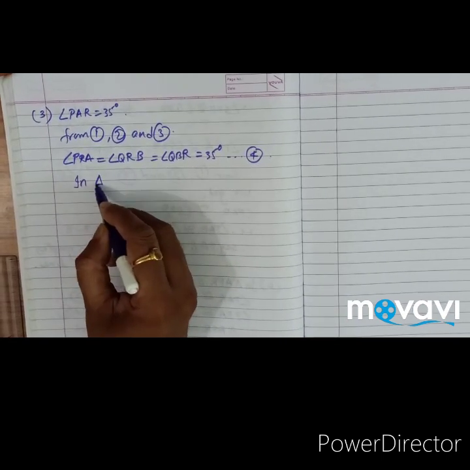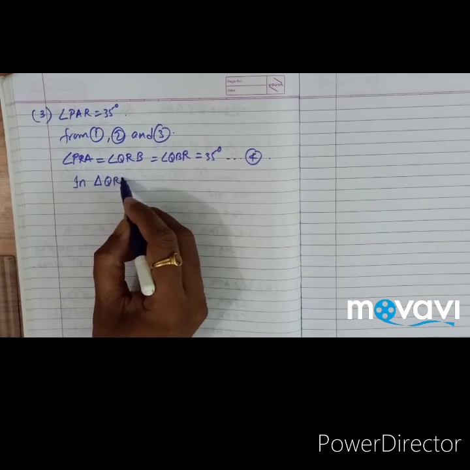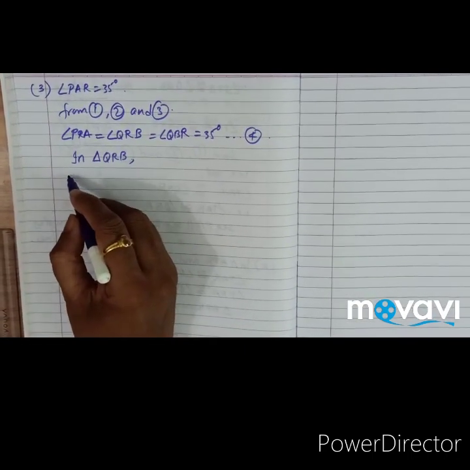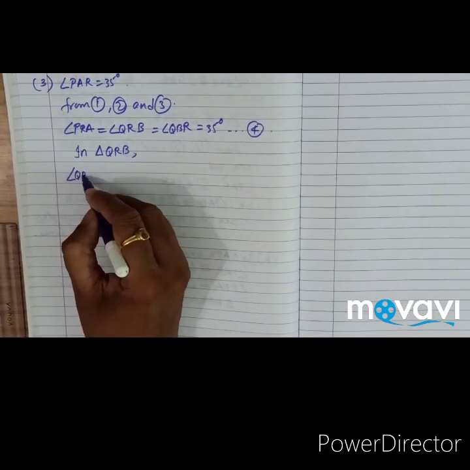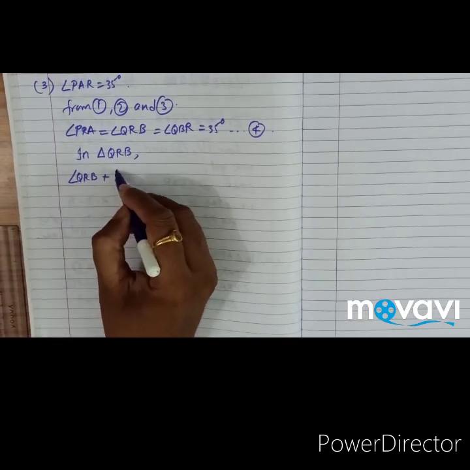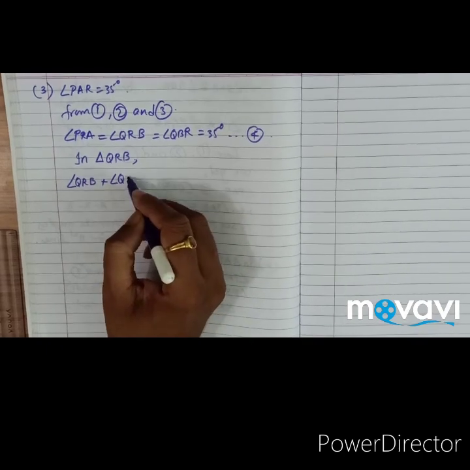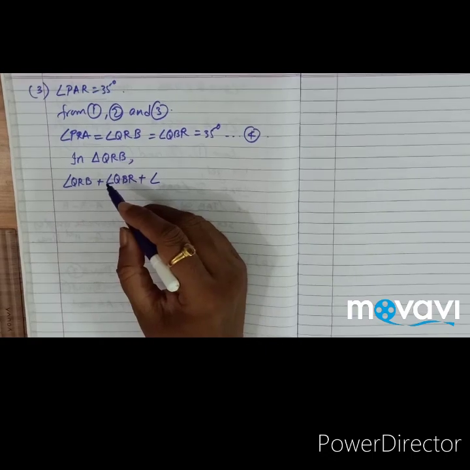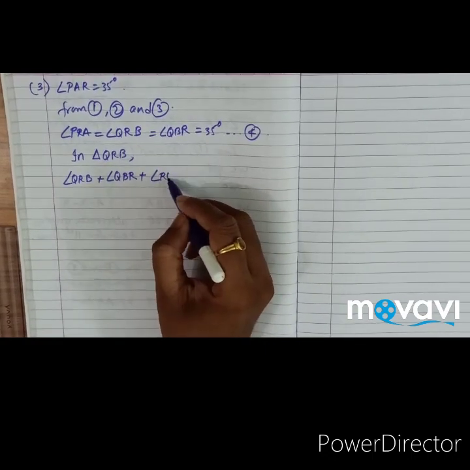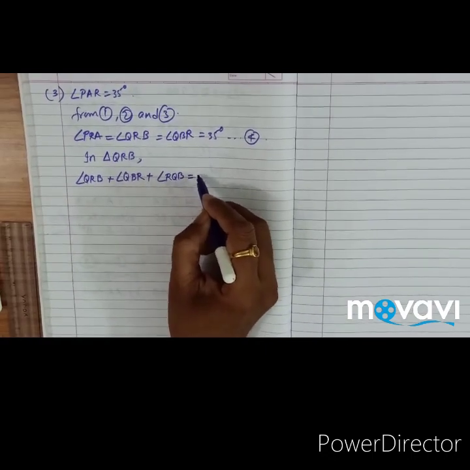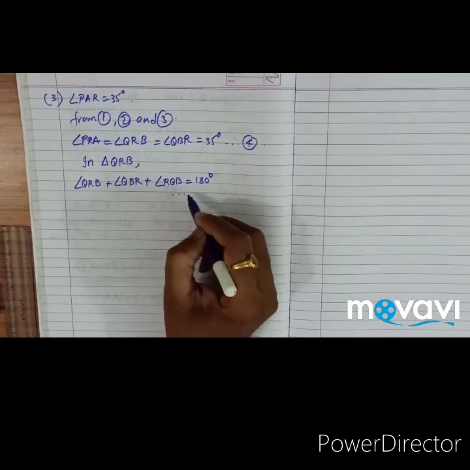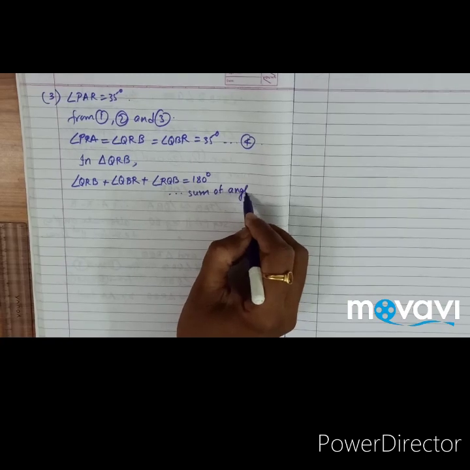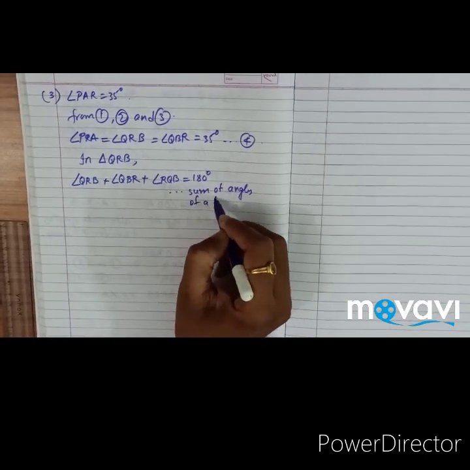In triangle QRB, sum of all angles is 180 degrees. So I will write it down. Angle QRB plus angle QBR plus angle RQB is equal to 180 degrees. What is the reason? Sum of angles of a triangle.